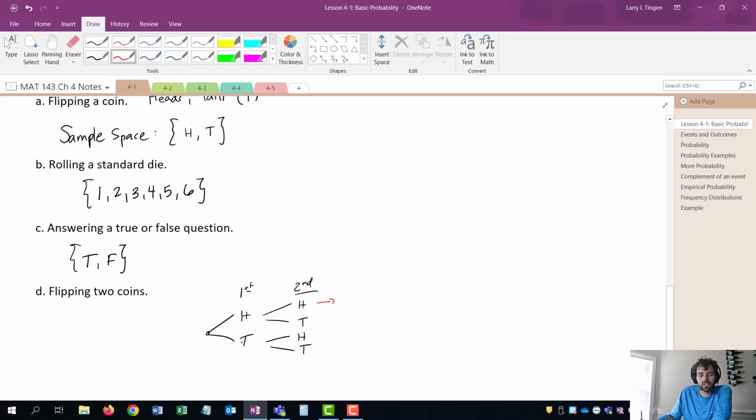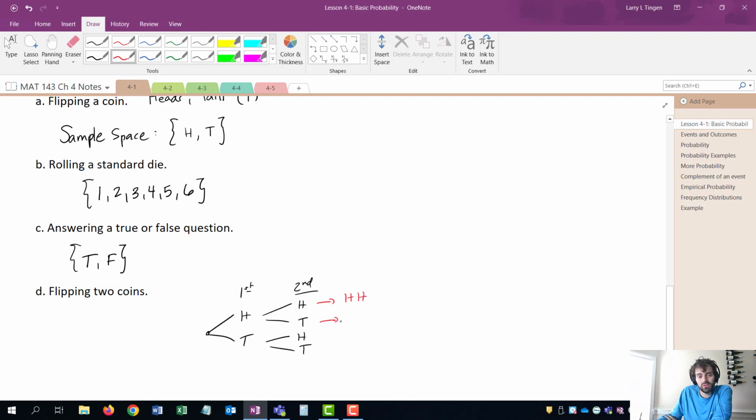This is a tree diagram, and this is called a leaf, the last element on there. I can trace that leaf all the way back to the root of the tree. If I end up here at the top with that H, I have to go H, H. So that branch represents the outcome H, H, which is heads and heads.